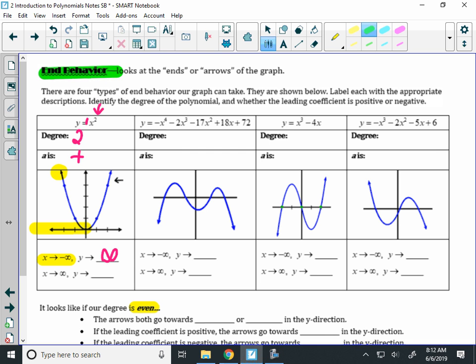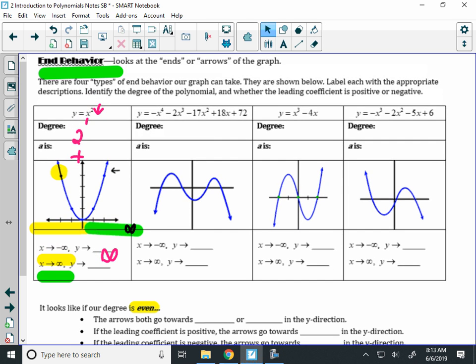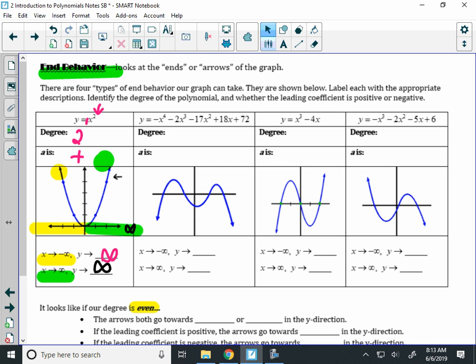Then as the x's go to the right to positive infinity, the y value is going up, which means it's going towards positive infinity.